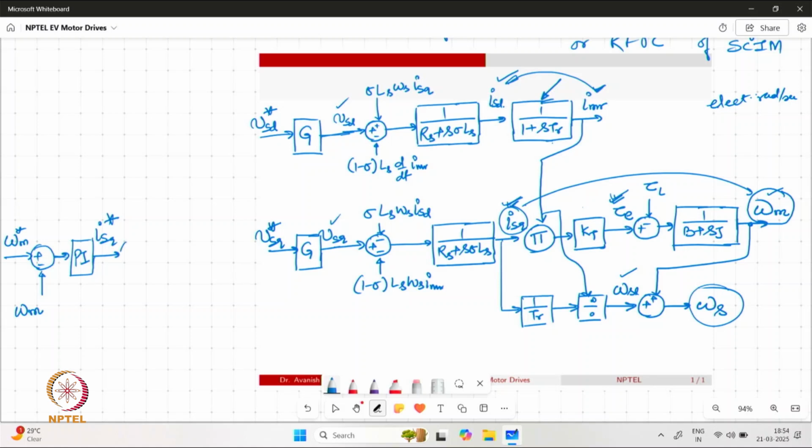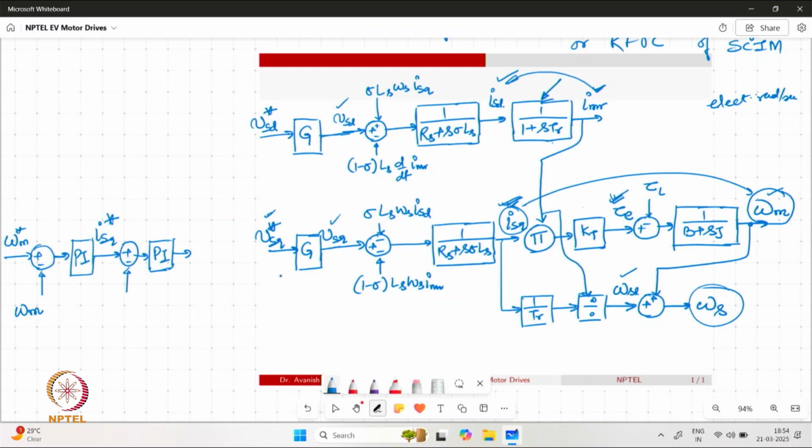Now once again, going by comparison with the feedback of ISQ, the error can be fed to one more PI controller for the current control, and the output of that PI controller would generate the voltage command which is going to affect ISQ.